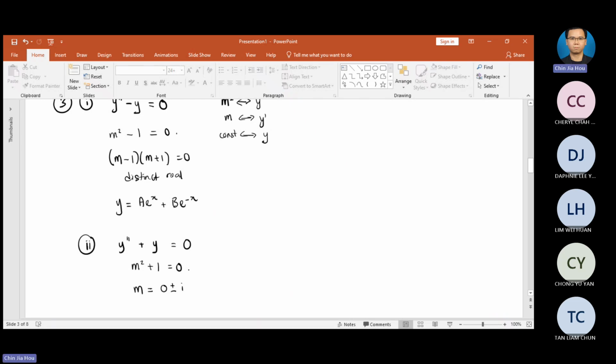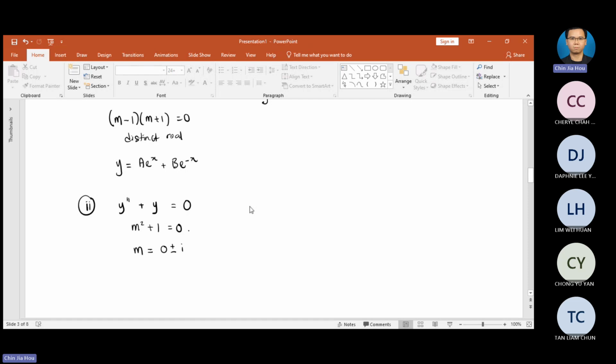If not, you use your calculator and you get 0 plus minus i. Now, since we have complex roots, our general solution, following the formula, is y equals A cos x plus B sin x.